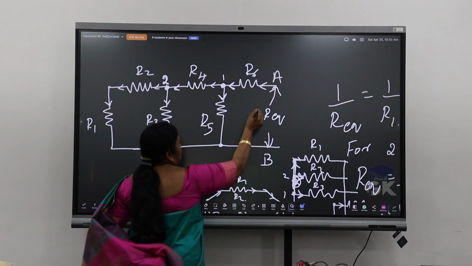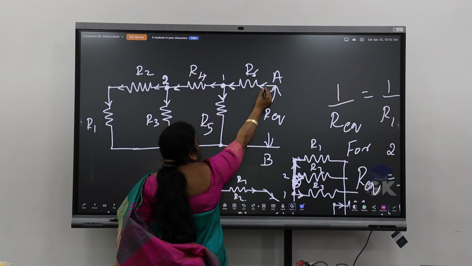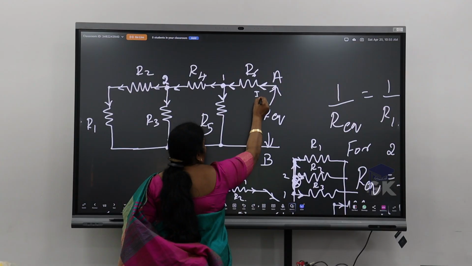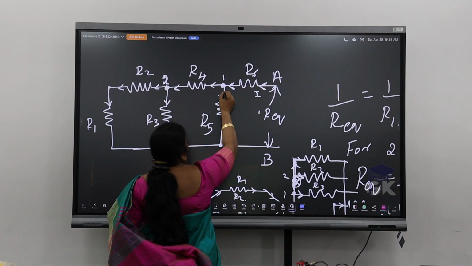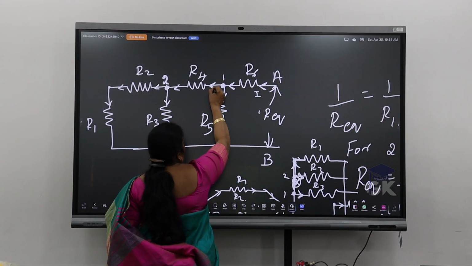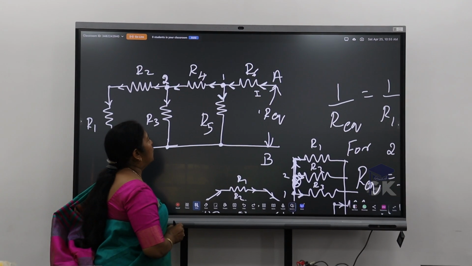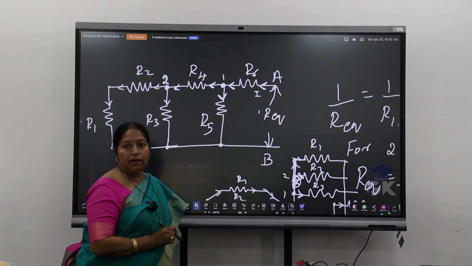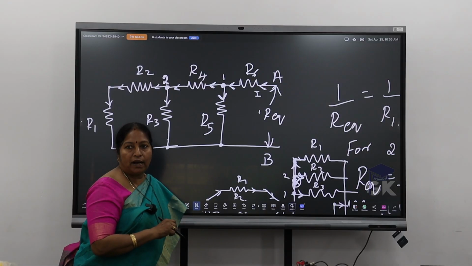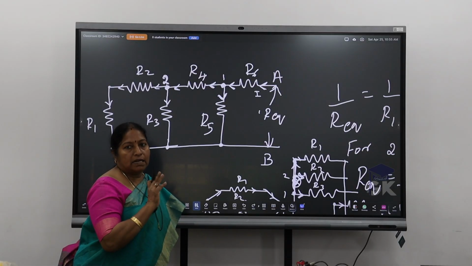You can just observe R6, the current I flows. Let me say it is I. It's getting divided into two branches at junction 1. Where we have a resistor R4 in one branch, R5 in another branch. That means R4 and R5 are in parallel.